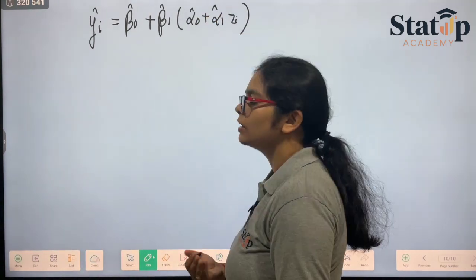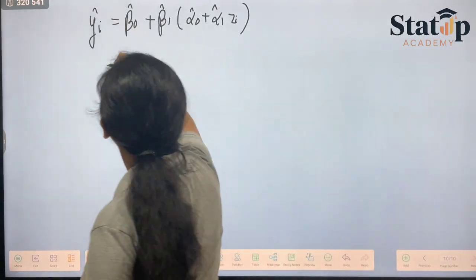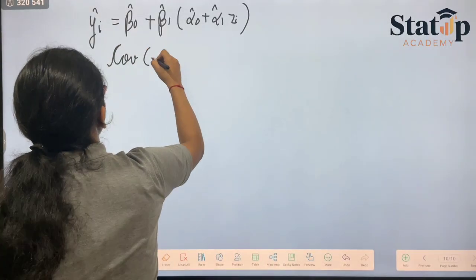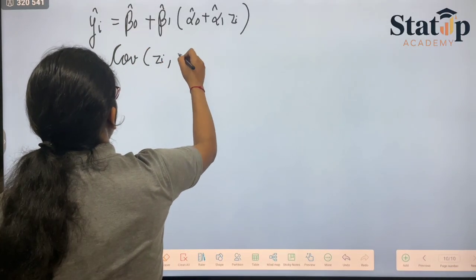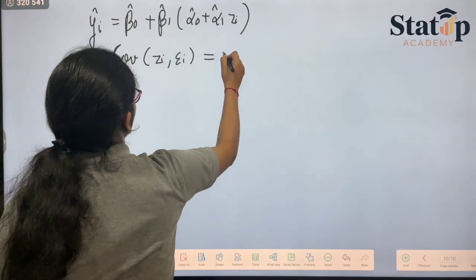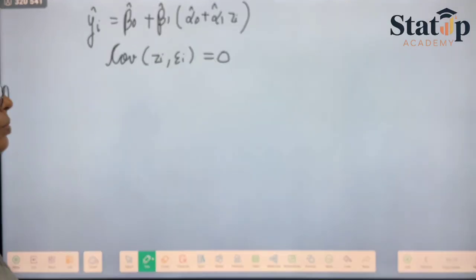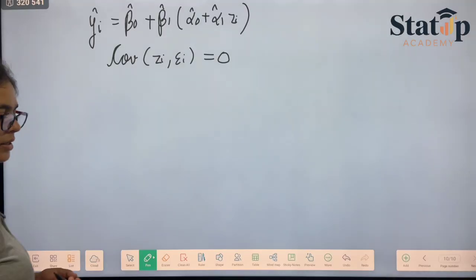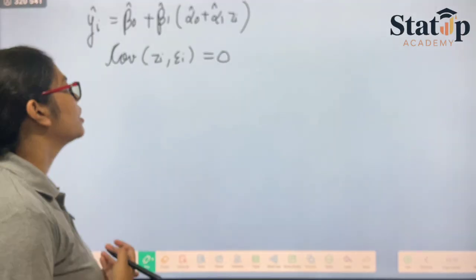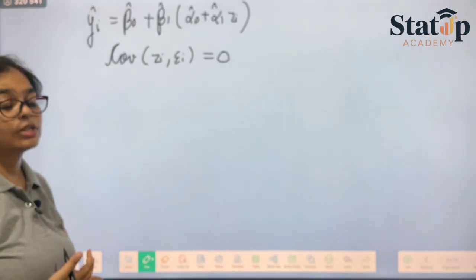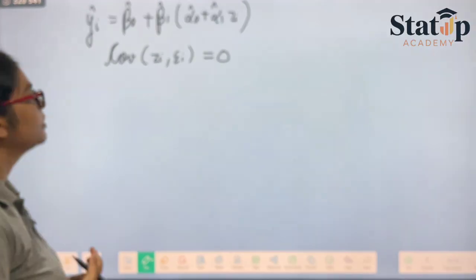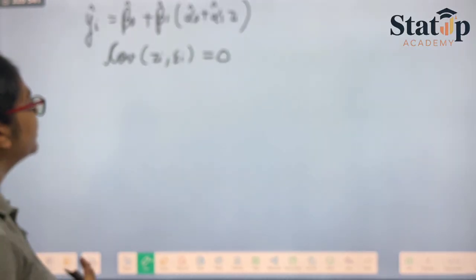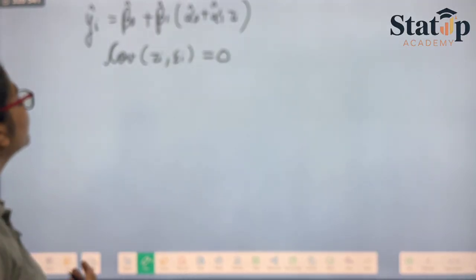This will be the final value where covariance between zi and εi is equal to 0, as we have stated in stage 1. So this completes our two-stage method or two-stage technique, and here we will get our final outcome.